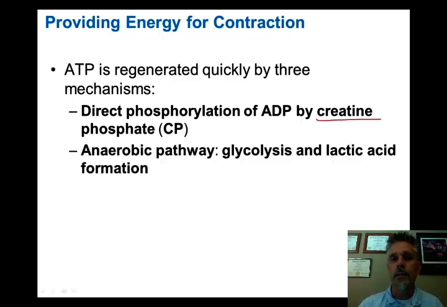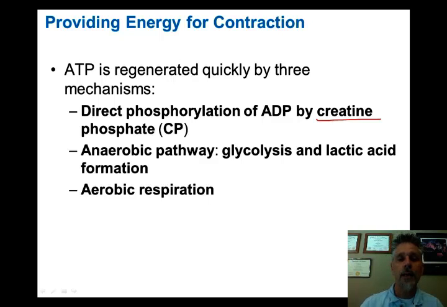And now, like we said, the other two ways are the anaerobic pathway, with glycolysis and then lactic acid formation, and then the aerobic pathway. Anaerobic is if we don't have oxygen present, then we're going to get a small amount of ATP produced, but we're not going to be able to go any further. In fact, the product of our glycolysis, pyruvic acid, changes to lactic acid, and everybody's heard about the problems with lactic acid and muscle activity.